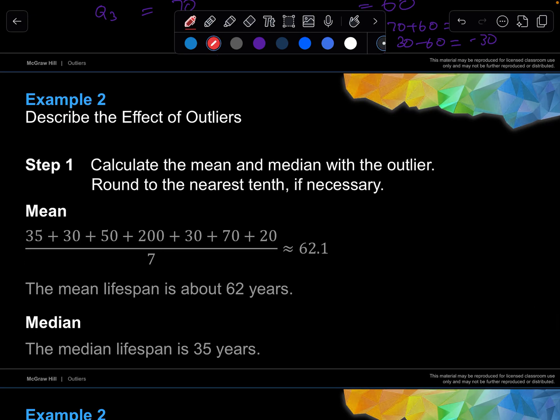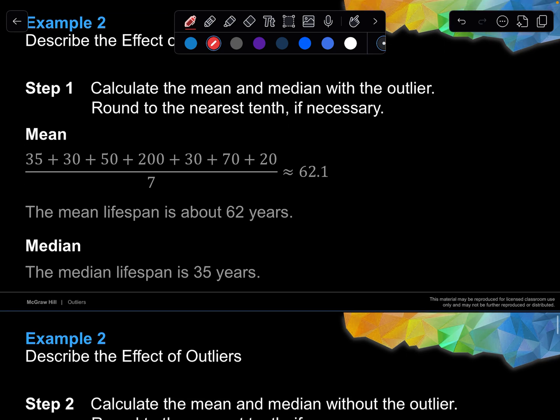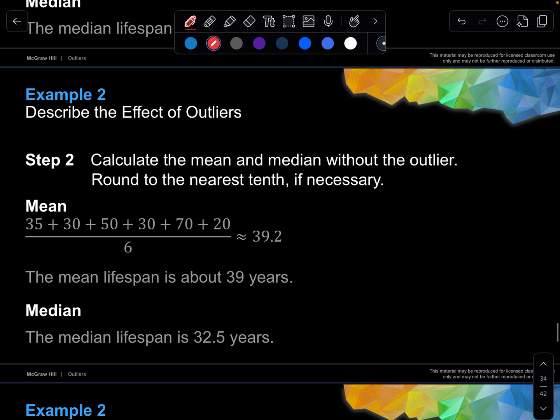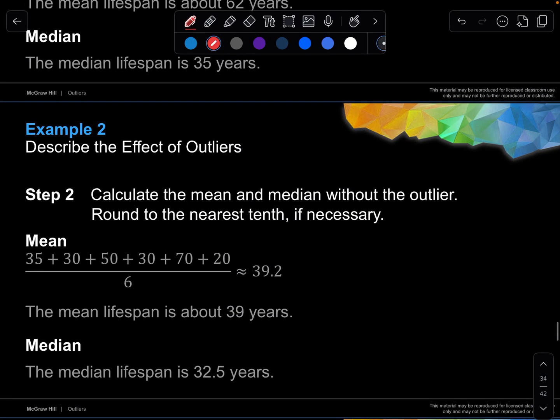Now, let's calculate the mean and median with the outlier. You can see that the mean is 62.1. The median is 35 years. And we calculate the mean and the median without the outlier. Without the outlier, we have a mean of 39.2 and the median is 32.5, right? Now, let's compare the two.